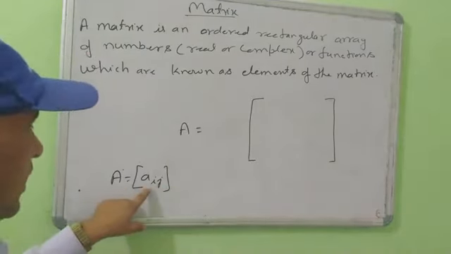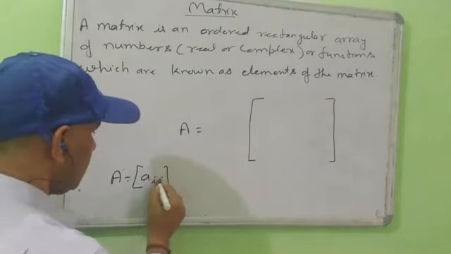A equal to a_ij. What is I here, and what is J?